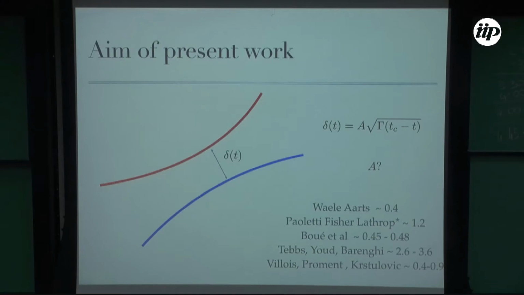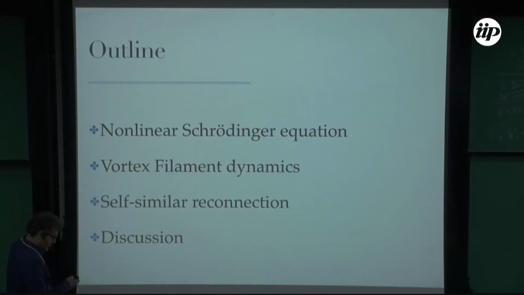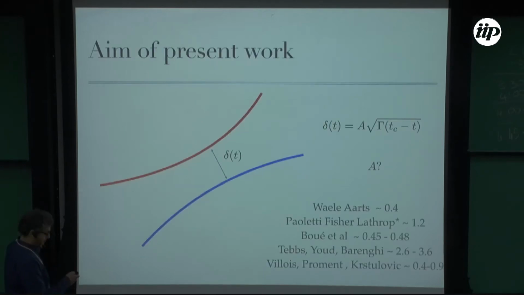Then the aim of this work is essentially the following. We have two vortex lines of opposite circulation, and there is an observation that this separation distance scales as a constant number A times the square root of gamma, which is the circulation, times T_c minus T. Why is T_c not important?